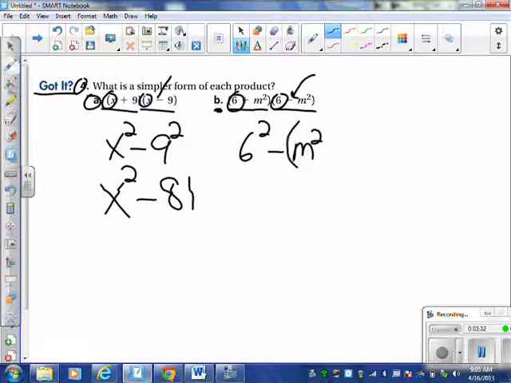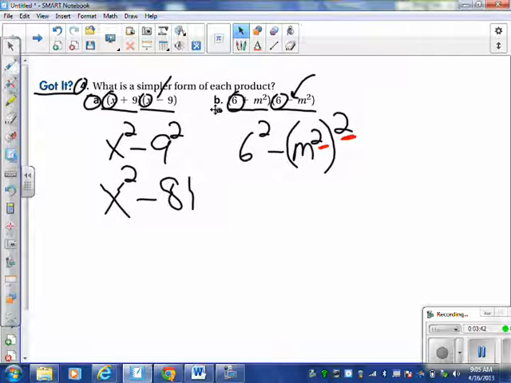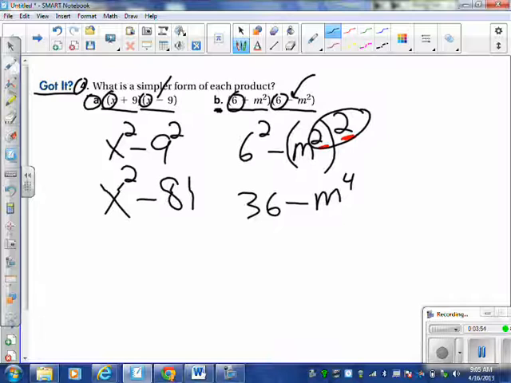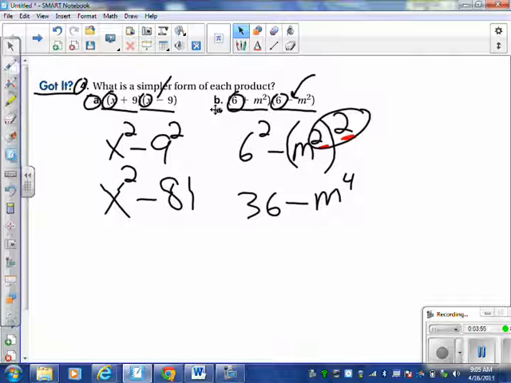We also have to square that. Because we have the power on the outside of parentheses, that means we need to multiply those two numbers together. So 6 squared is 36 minus n. We multiply these two numbers to get n to the 4th. So that would be our final answer: 36 minus n to the 4th.